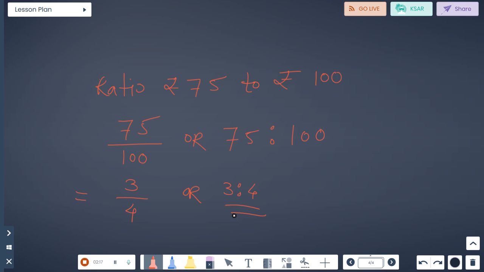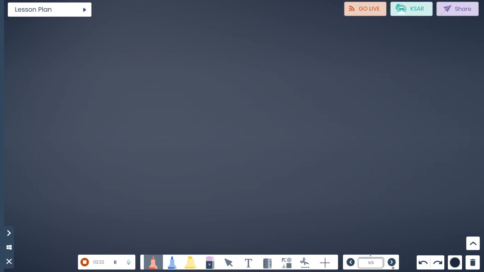Next, we have to see some important properties of any two fractions. If P upon Q is a fraction, then there are certain properties for that fraction. First, P upon Q we also write as M multiplied by P upon M multiplied by Q, where small m is any constant.